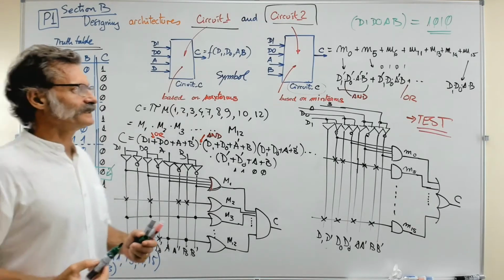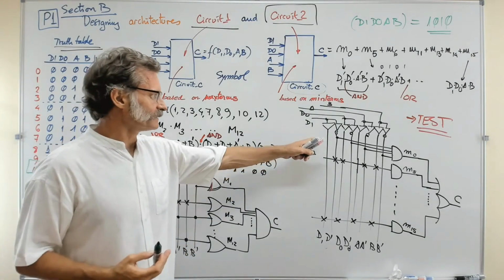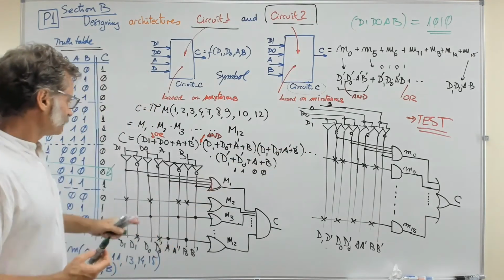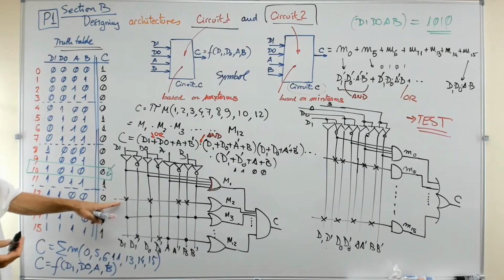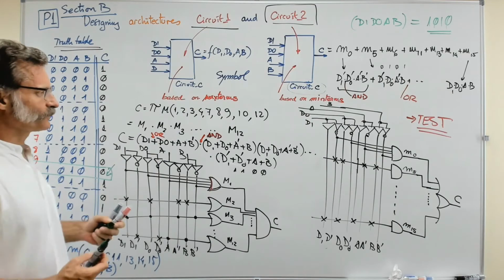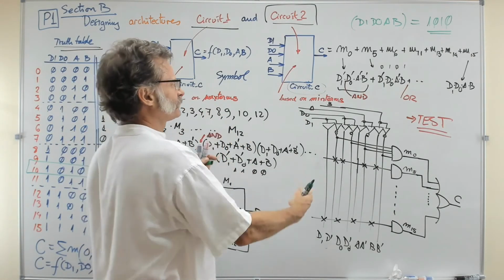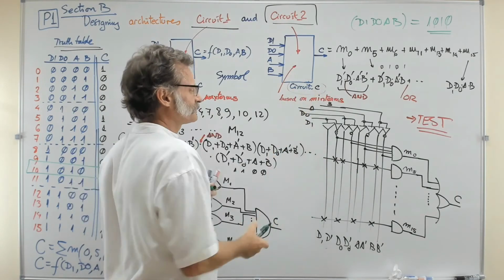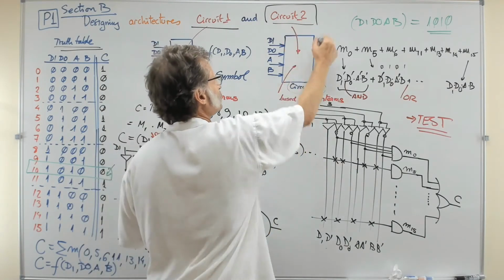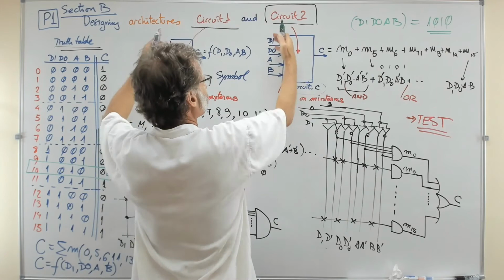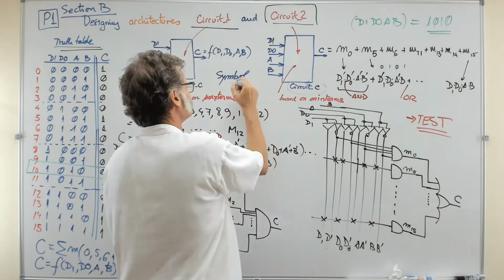So let's see if this is true for the circuit 2 and if it is true for the circuit 1. Both are going to be the same circuit C. They are different, but they are the same circuit C. If you see it from this symbol point of view, from this entity view, right?